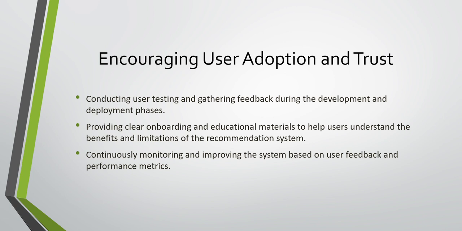When there is a new recommendation system, we need to provide clear onboarding and education materials to explain the benefits and the limitations of the recommendation system. And last but not least, there should be continuous monitoring and improvement in place to monitor how the recommendation system is doing, and to improve it based on user feedback and performance metrics.